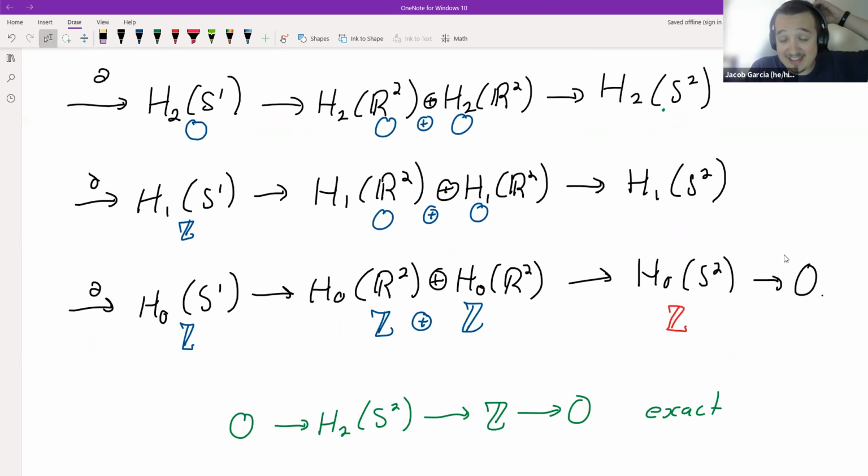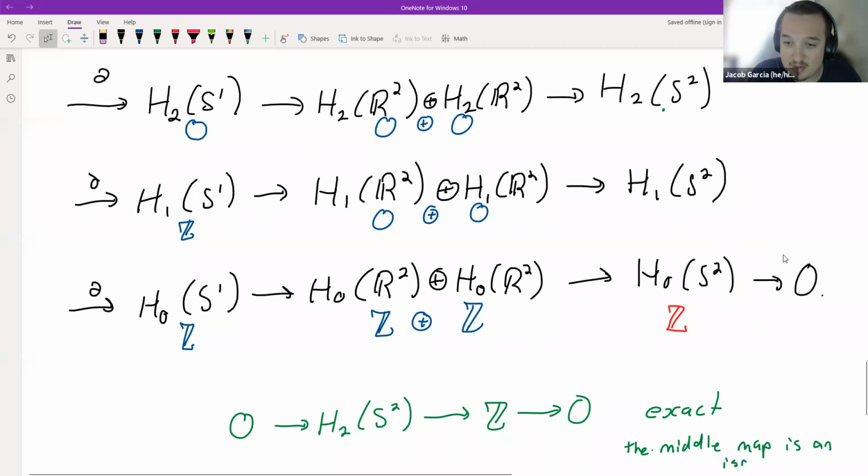And this is exactly the condition, pun intended, right? This means that the middle map is an isomorphism.